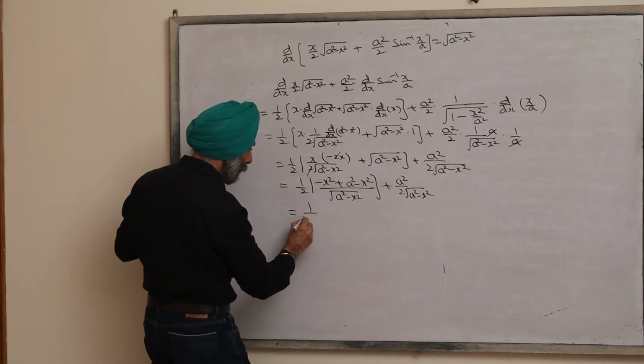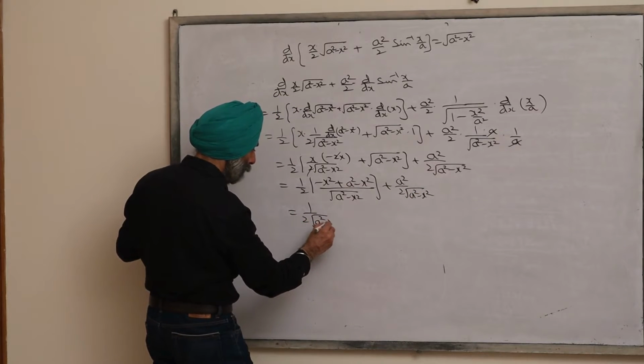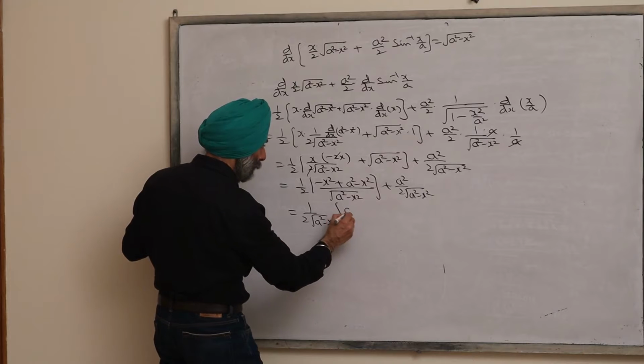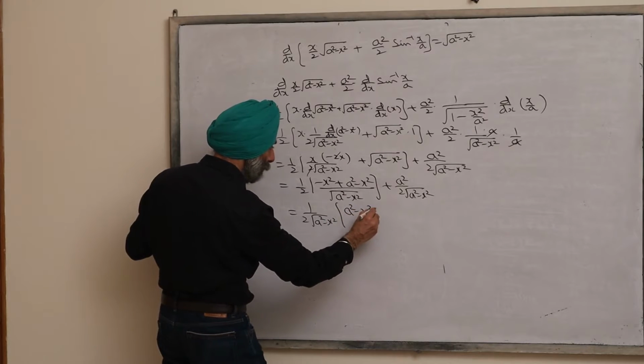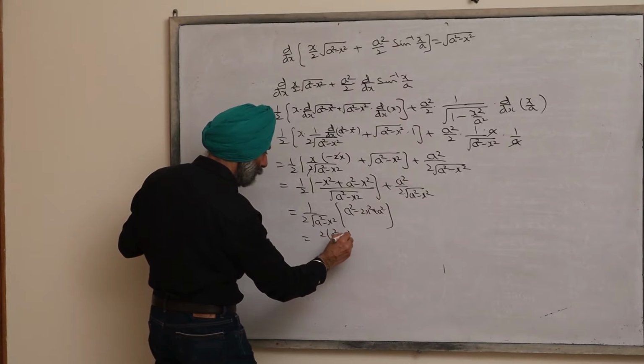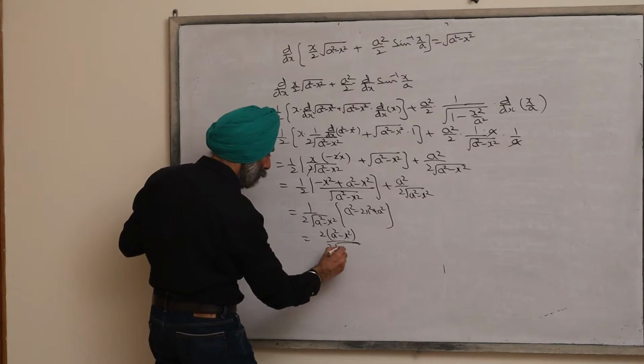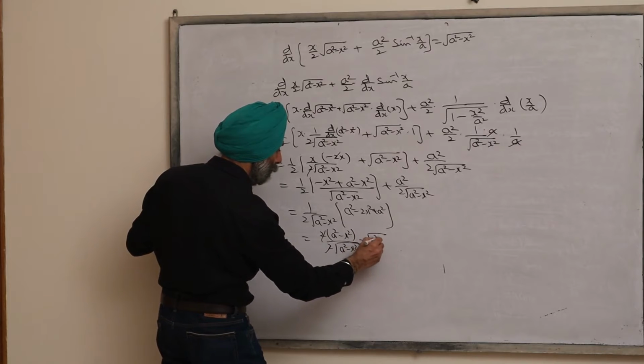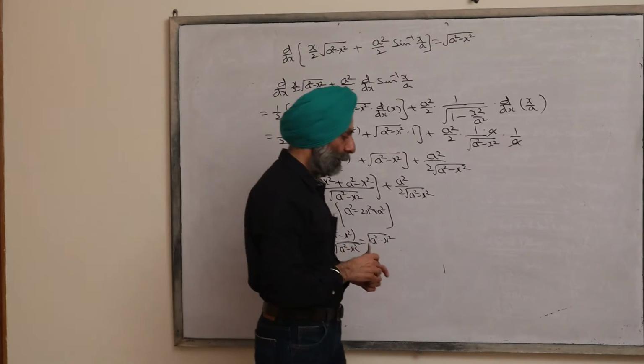So you can see here I can take 1 over 2 times under root of a square minus x square common. It is a square minus 2x square plus a square. That is 2 times a square minus x square over 2 times under root of a square minus x square, which is under root of a square minus x square.